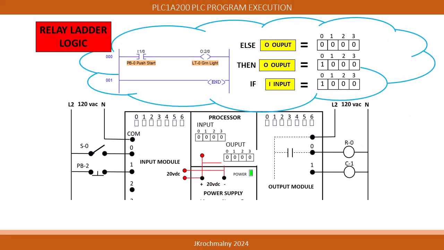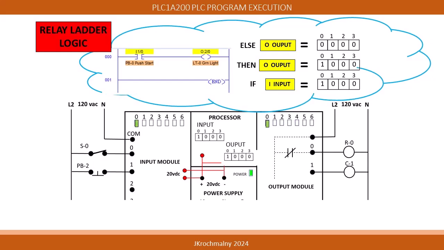Now we can understand how the PLC's assembly and programmed language executes its intended operation. The PLC processor scans the condition of the inputs. Starting on the input section and switch S0, we can see that it is in the closed position, allowing 120 volts to appear on the PLC assembly's 0 terminal on the input card.